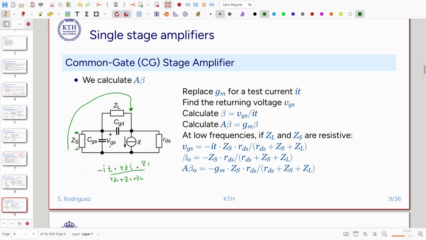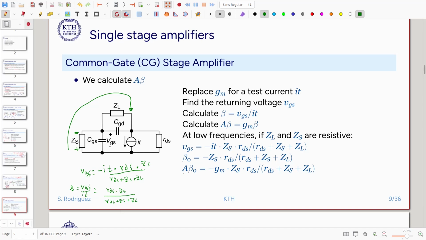VGS is going to be equal to minus IT times RDS ZS divided by RDS plus ZS plus ZL. Okay, so I calculate beta, VGS divided by IT, and then we get RDS ZS divided by RDS plus ZS plus ZL.